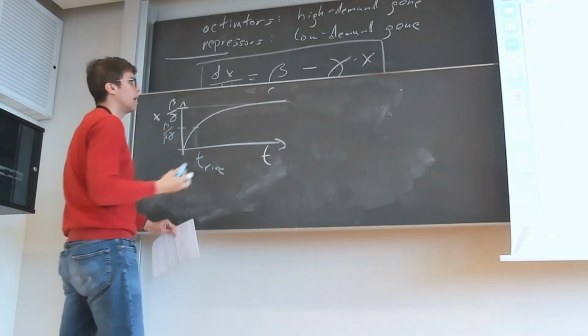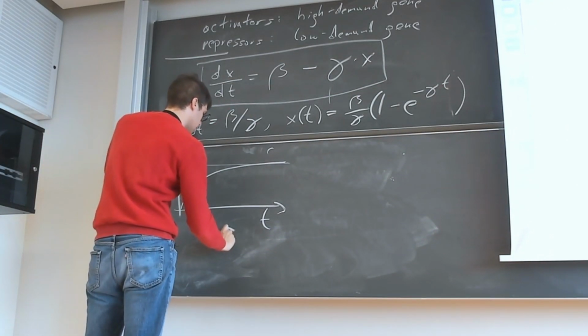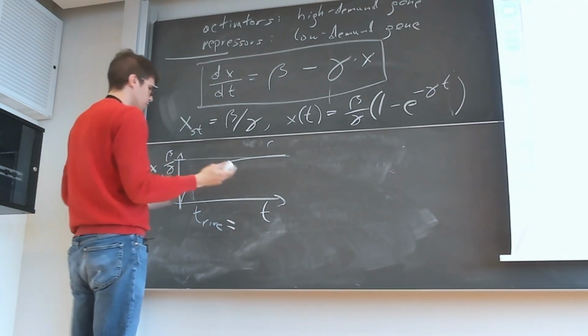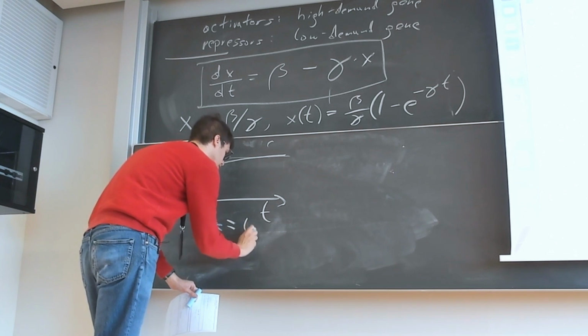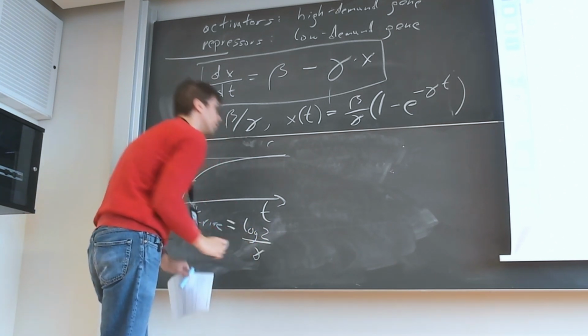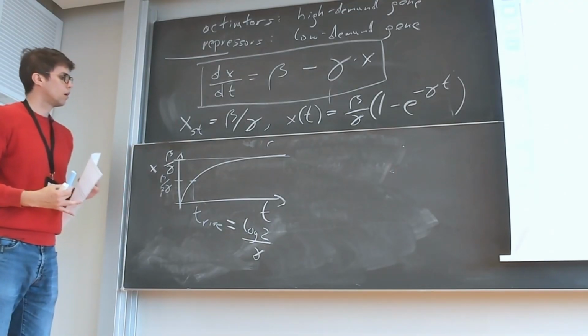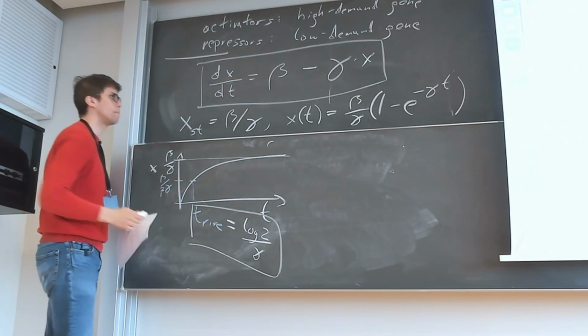And of course, for our example here, we can just figure this out. There's some algebra involved, but it's not too hard. And you can figure out that this is just the logarithm of 2 divided by gamma. Does this make sense? We don't have any beta inside of it.